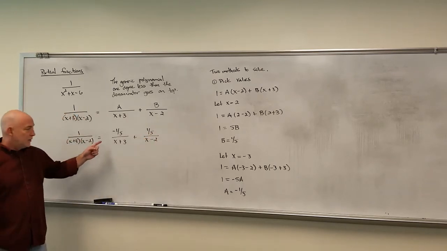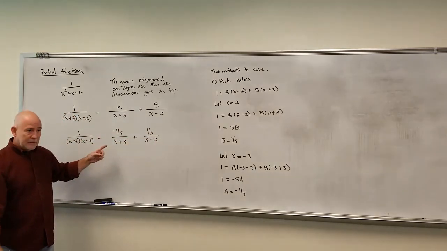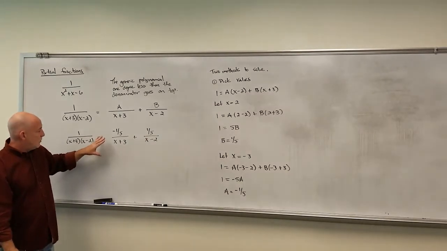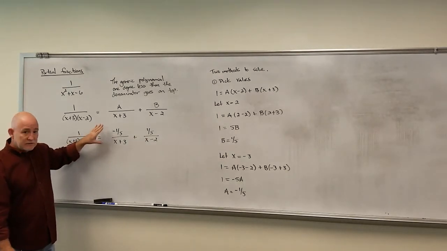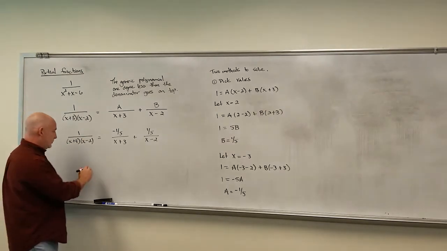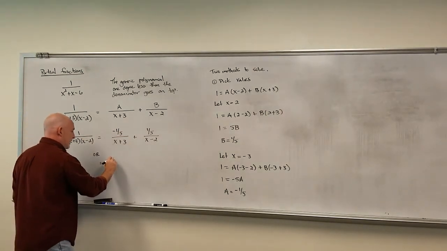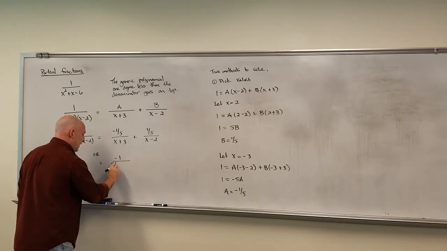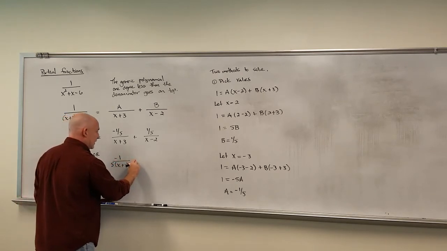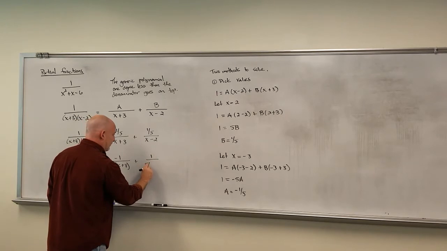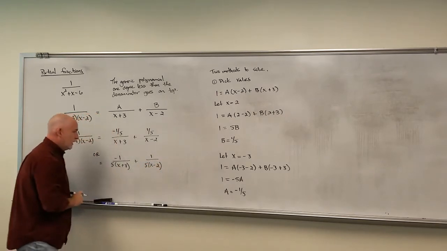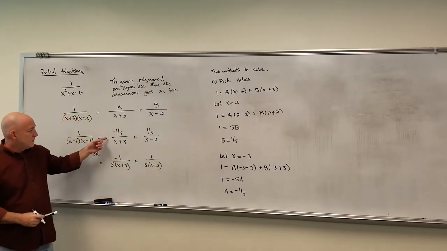Now, I know it's kind of weird to see a fraction in the numerator like that, but sometimes that's all we need. We could rewrite that so it's not, we could multiply the top and the bottom by 5 and write this as -1 over 5(x + 3) plus 1 over 5(x - 2). The book may have it written like that, but a lot of times this is all we're looking for.